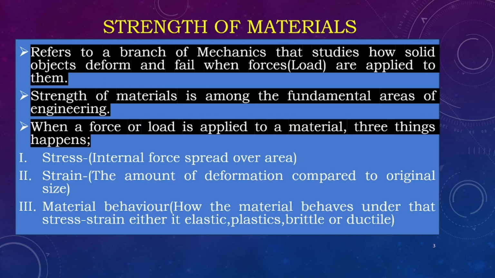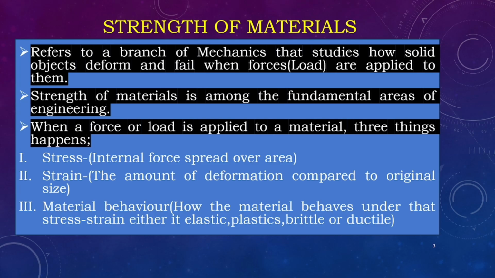So all the materials used to design or manufacture components, for example shafts, beams and others, can easily break down when the force or load upon them is more than the strength they can handle.